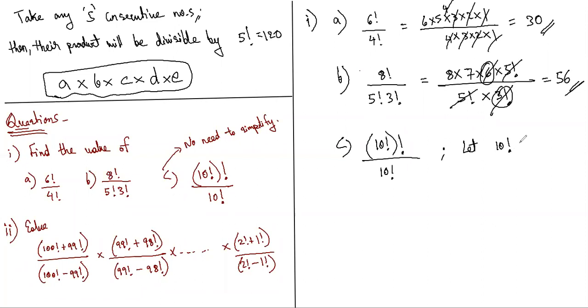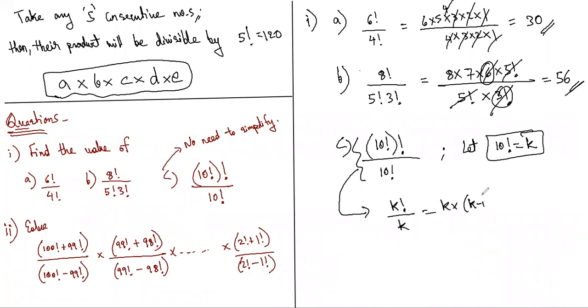Assume that 10 factorial is k. Let us say that the value of 10 factorial is some k. Can I rephrase this question in terms of k? It becomes k factorial divided by k. What is k factorial divided by k? Nothing but k into k minus 1 factorial divided by k, which cancels out.